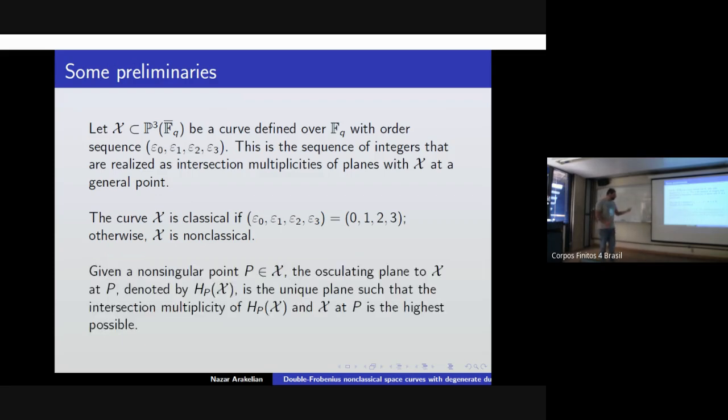And so, as I said before, given a smooth point P of your curve X, there exists a unique hyperplane intersecting your curve at this point with the highest possible multiplicity. Okay, and this hyperplane, in this case, a plane. Okay, I forgot to repeat. And this plane is the osculating plane at P. Okay.